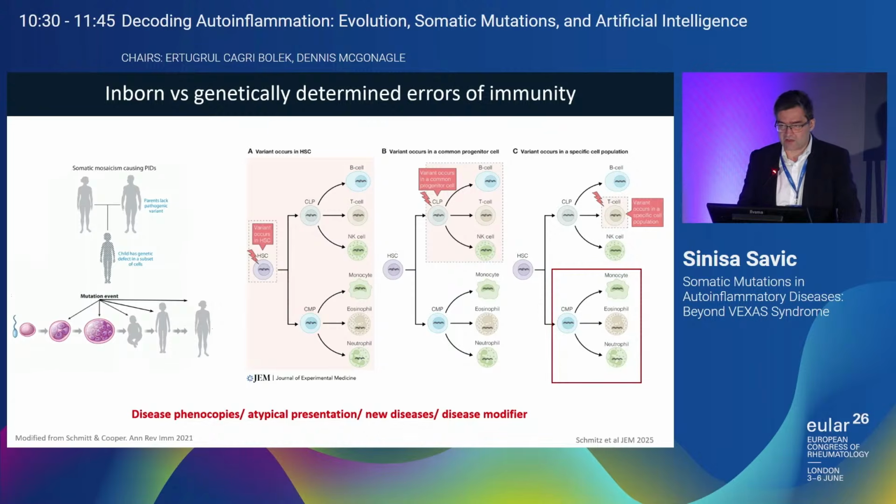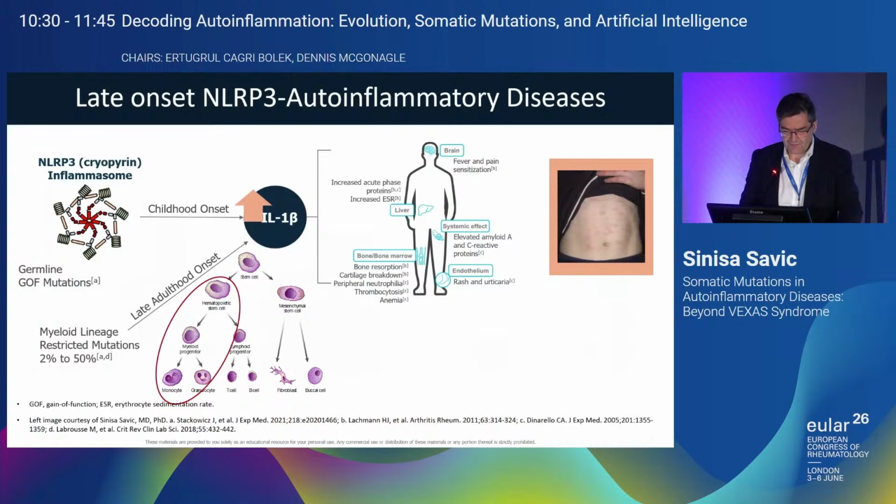Or these changes that can happen later in life can affect the way other common diseases may present. And one of the first examples of this was NLRP3 late-onset autoinflammatory disease. And this was well described. The gene was discovered in 2001 by Hal Hoffman, that it's the NLRP3 inflammasome which causes this whole group of autoinflammatory disorders now called the NLRP3 autoinflammatory disease spectrum.